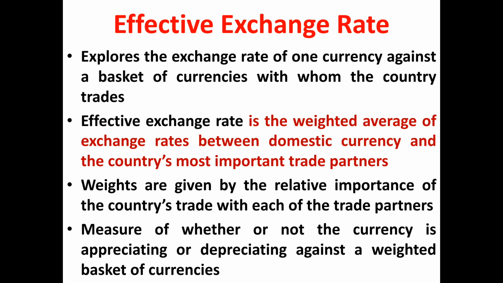Being a weighted average, we have to calculate the weight. The weights are given by the relative importance of the country's trade with its trade partners. So the most important trade partner will receive the highest weight while we measure the effective exchange rate. So basically, effective exchange rate provides a measure of whether a currency is appreciating or depreciating against a basket of currencies.